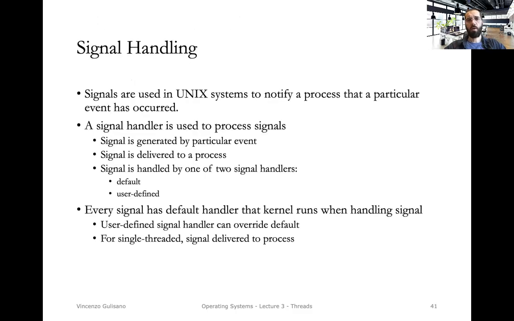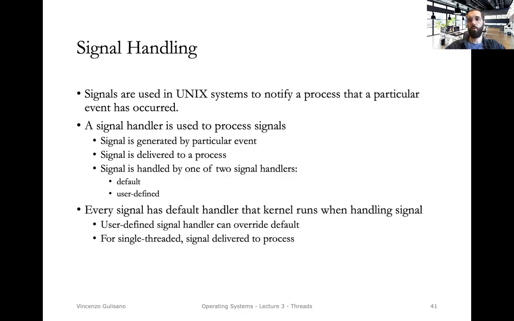Another aspect to take into account is that of handling signals. Signals are used in Unix systems to send messages between threads and processes. When a process runs wait and asks the operating system to notify it when, for example, the child process has terminated, all these messages are handled by the kernel through signals.